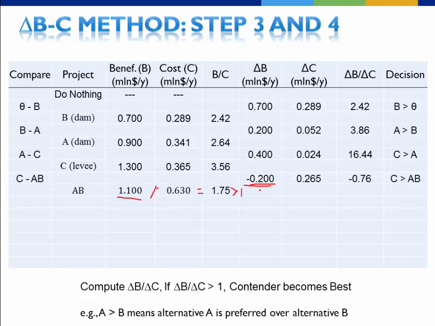So that's why this is a negative value. This is the difference between these two, and when you do this, it's equal to this. Now this is actually less than 1, and what that means is that still C is a policy that is preferred over policy AB.